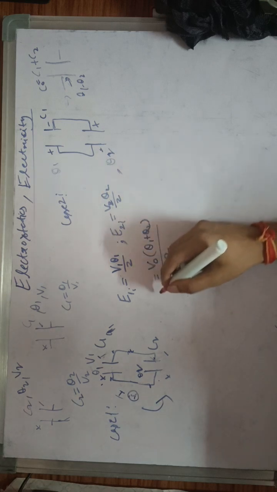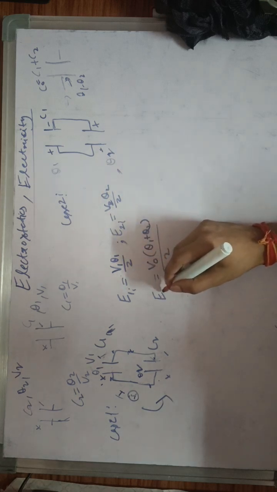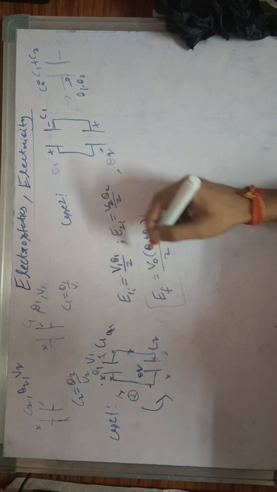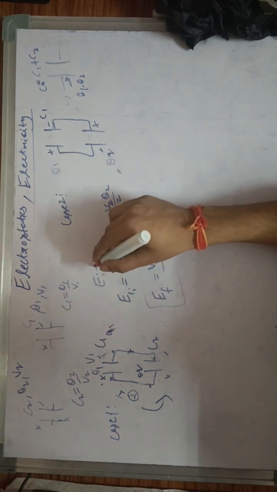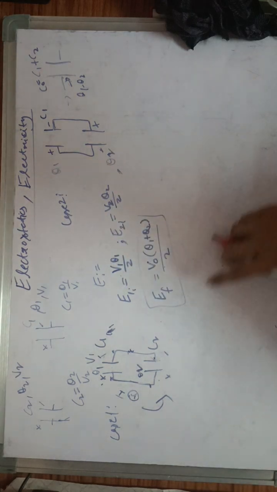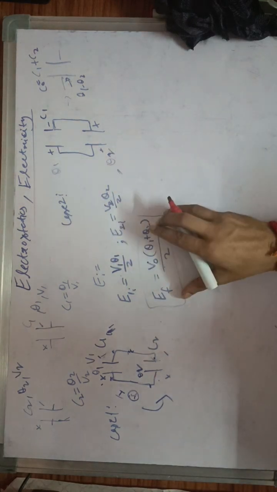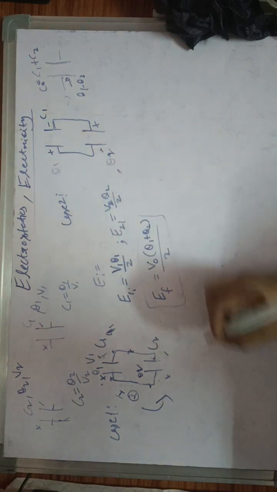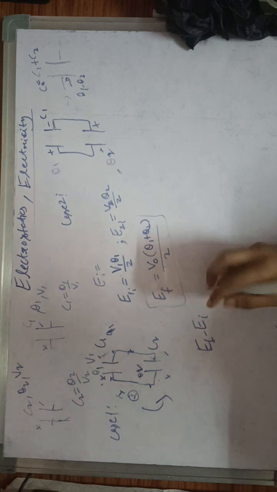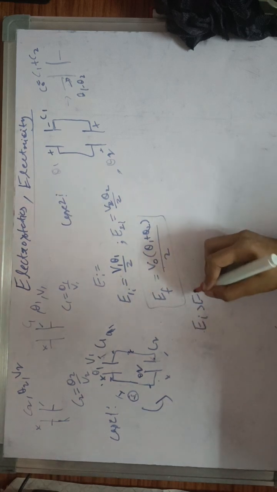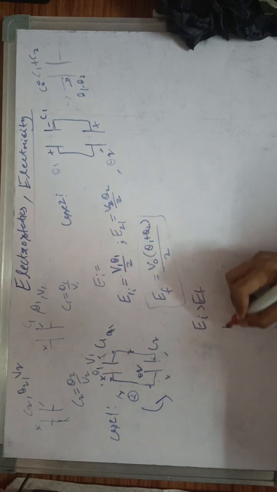This will be the final energy of the system, and the initial energy of the system is equal to the sum of these values. This final value is smaller than the sum of these two values, and the difference, E final minus E initial, the E initial is greater than E final, there is always some loss.